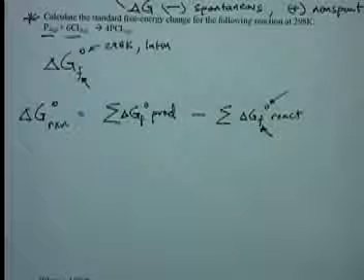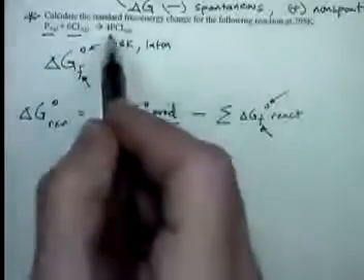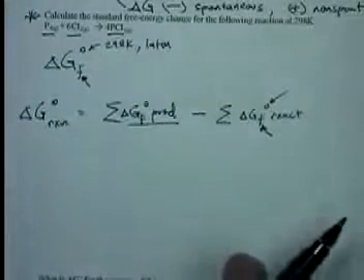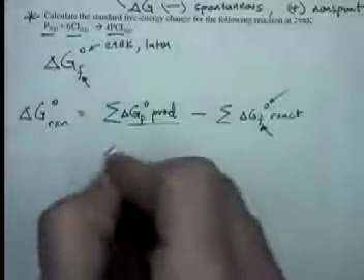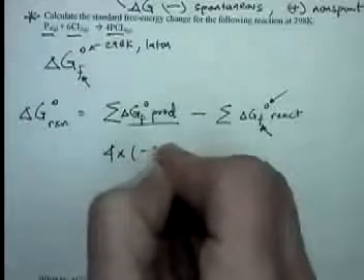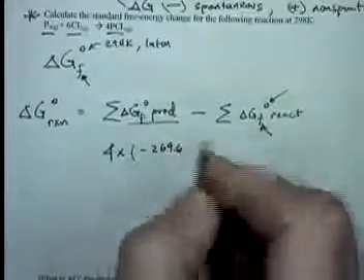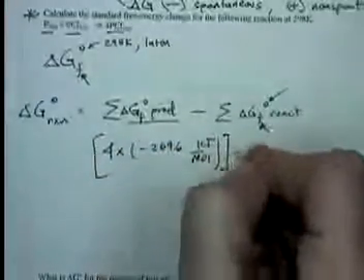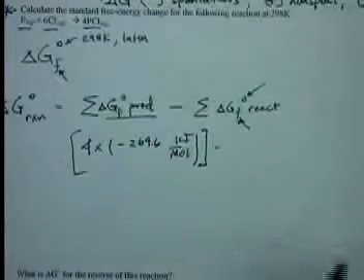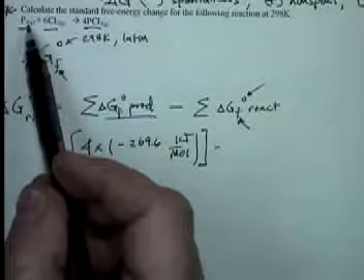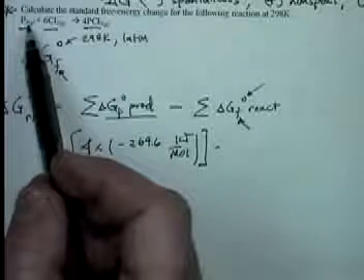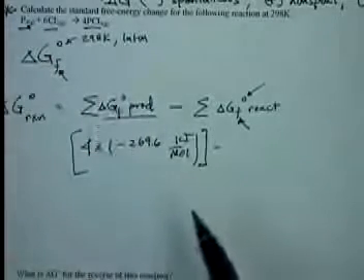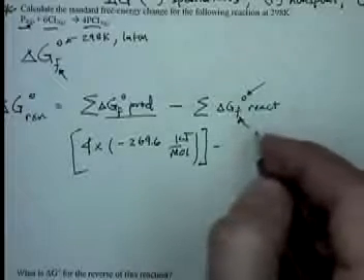Well, if we look these up in Appendix C, we can do the product, 4PCl3, and we find that it has a value of, there's 4 of them, so I'll put a 4 down, negative 269.6. Notice this is measured in kilojoules per mole. This is our products, and we subtract from that our reactants. We have 2 reactants here. We have P4. If you look that one up in the back of the book, P4 is an element, and it's not in its standard state because it's gaseous, if you'll notice here.